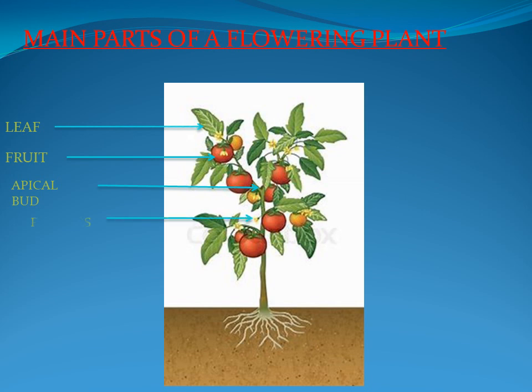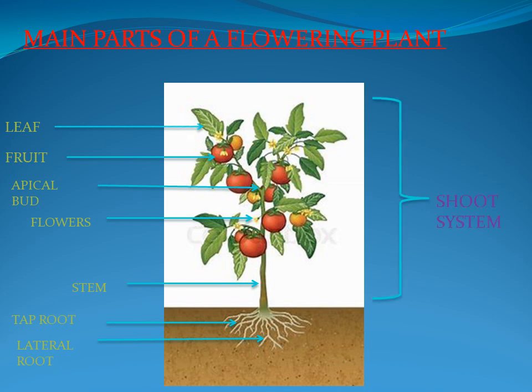So the next one which I pointed is the flower, and there are flowers on a plant, and the next one is the stem, and next you can see a taproot, and next you can see the lateral root of this plant. So guys, the lateral root is the root which is going down from the plant, and mainly a plant is divided into two parts.